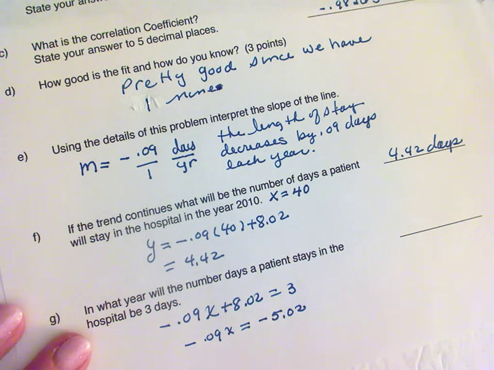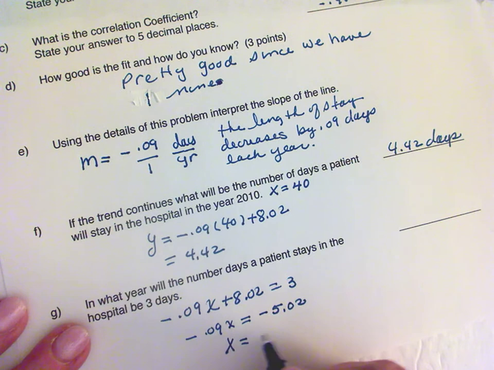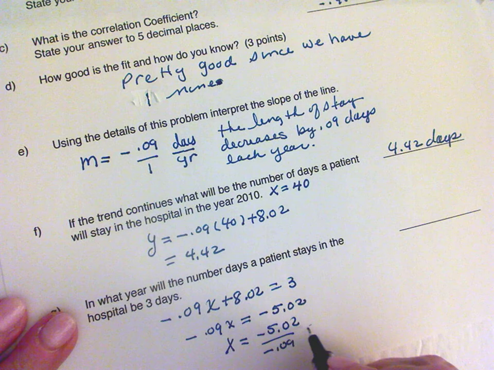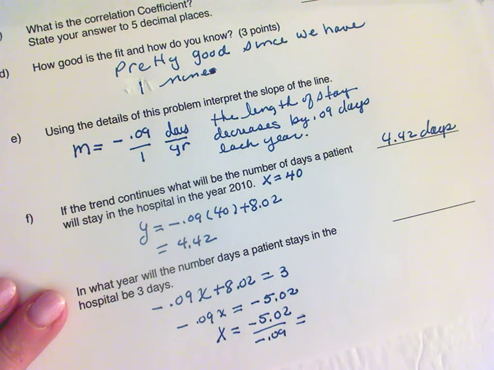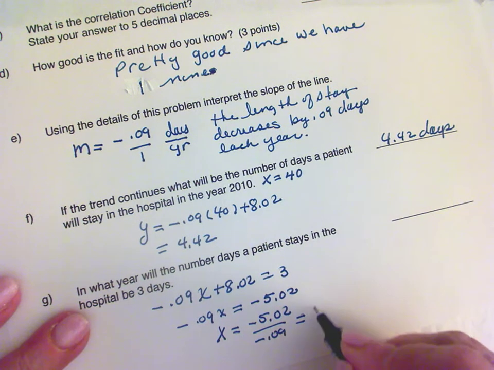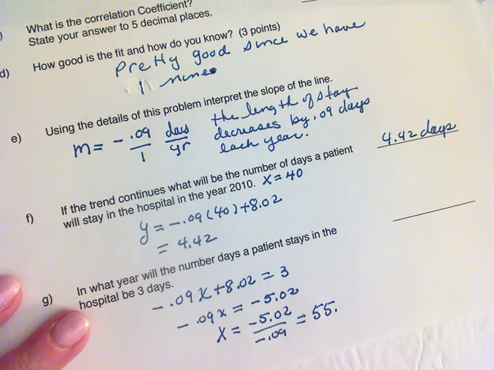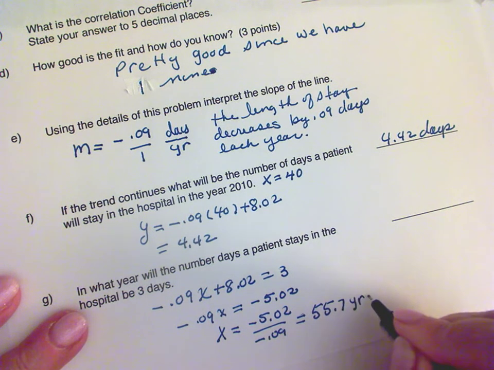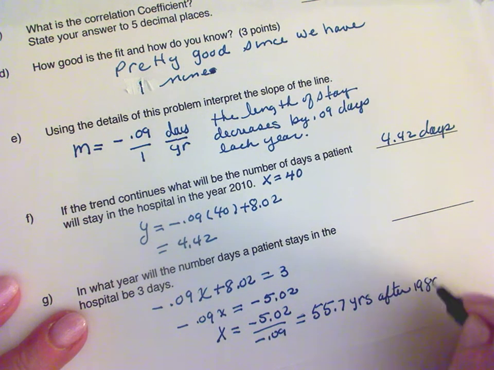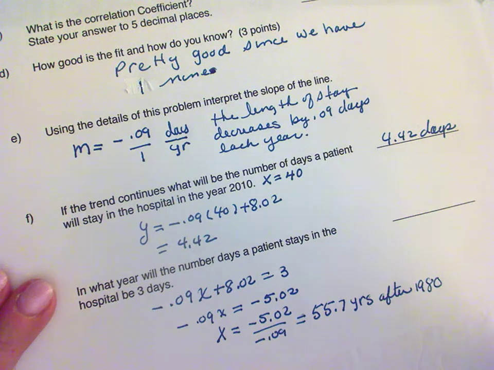Yeah, negative 5.02. X is negative 5.02 over negative 0.09. And divide that by negative 0.09, and this is 55.7 years after 1970.